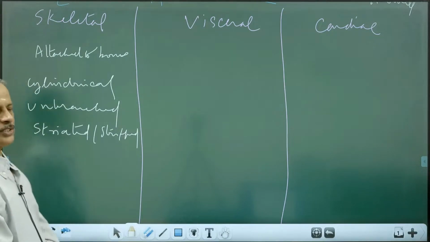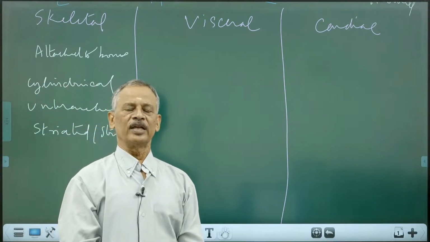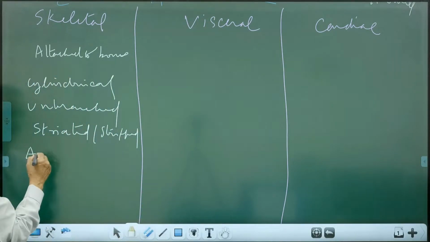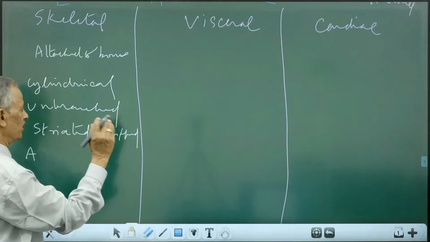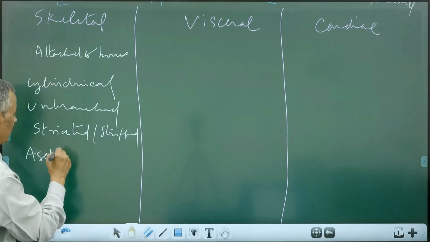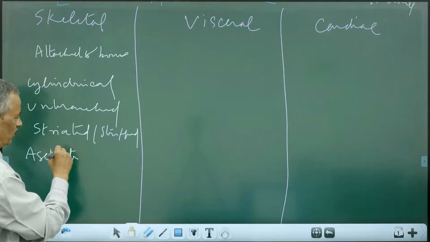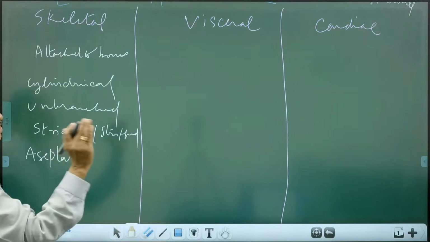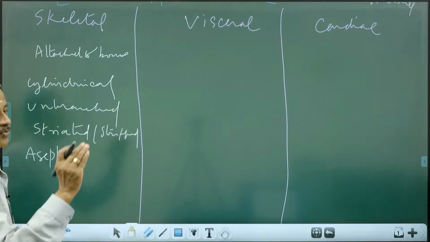The unique feature of this muscle is that there is no septum. They are aseptate, having no cross wall between individual cells. So septum is absent, aseptate. Since they are all aseptate, there is no distinction of one cell from another cell.